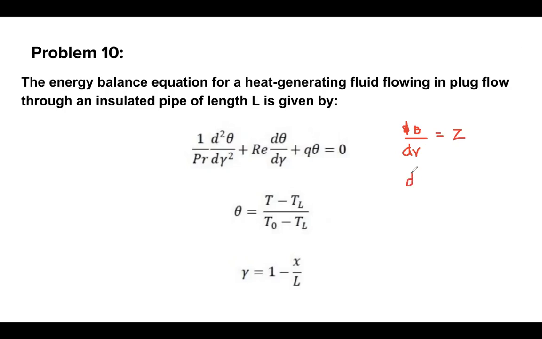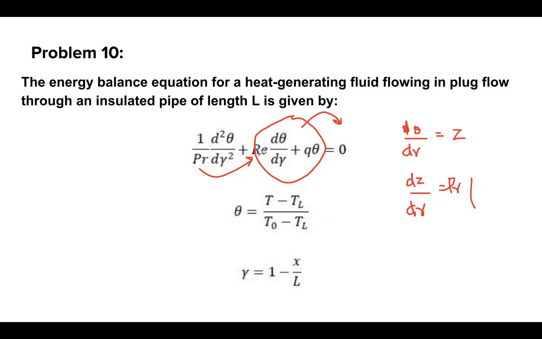Now I'm writing dz by d gamma. I take this whole term and multiply it by the Prandtl number.